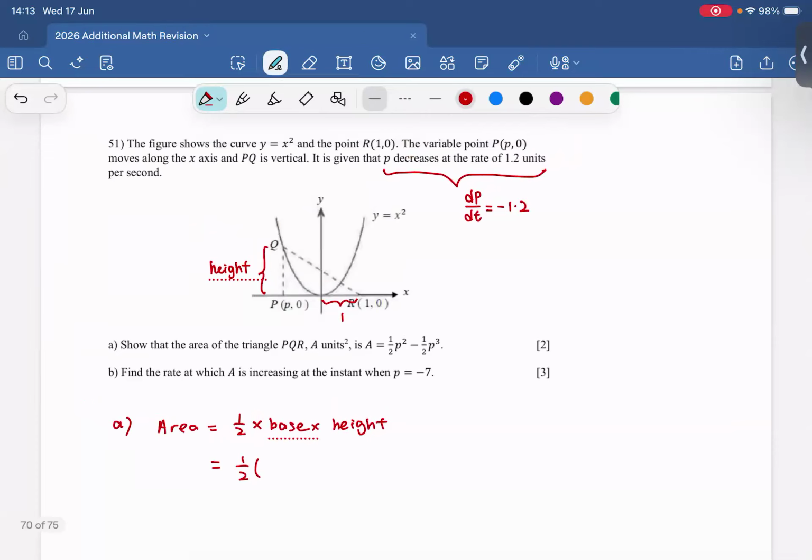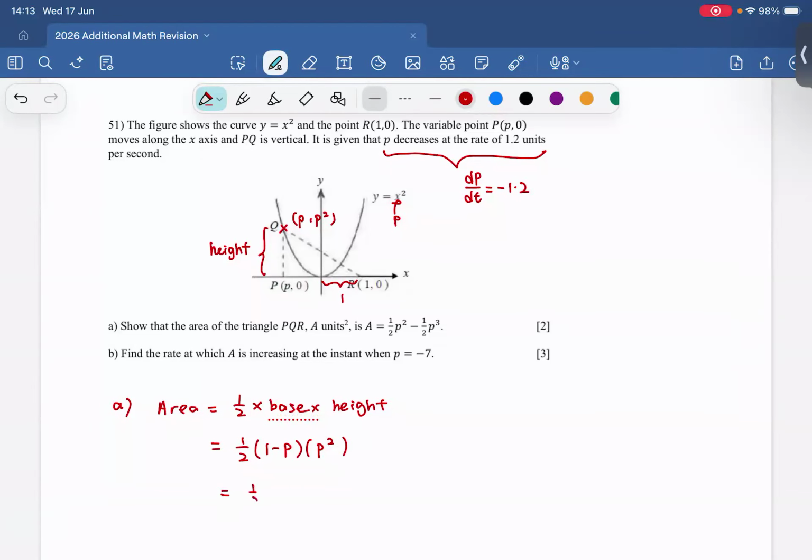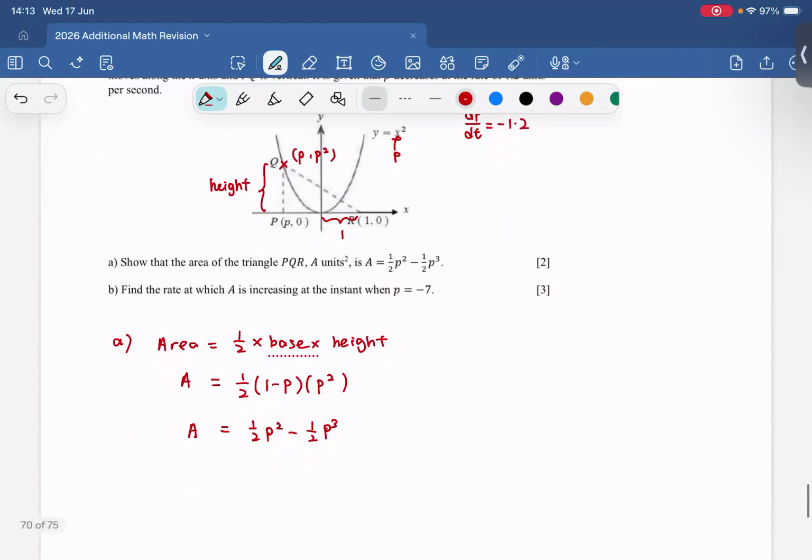They never say about P. Okay, so the base is just 1 minus P. And what's the height? If this x coordinate is P, the y coordinate will be P squared. Why? Because if this is P, then the y will be P squared. So the height is just P squared. So if you expand this, you get half P squared minus half P cubed. And this is our A. Okay, part A done.